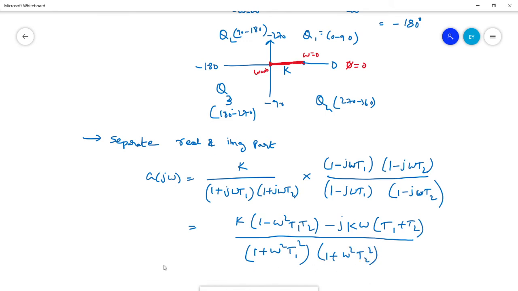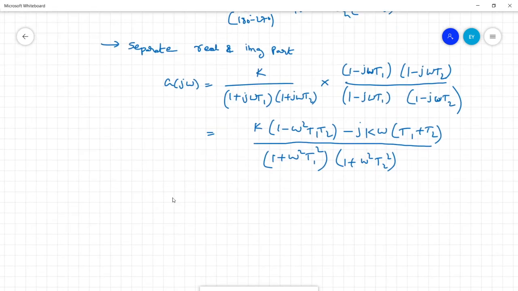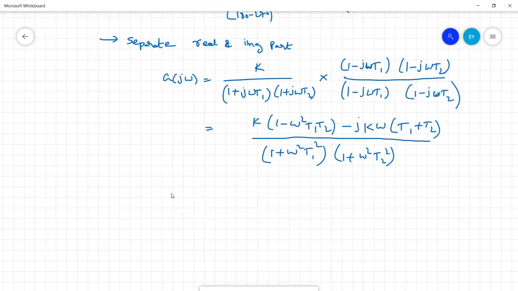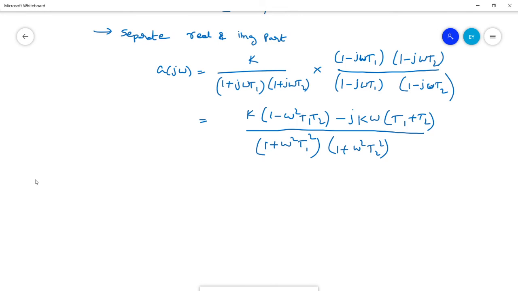This is the way we can separate the real and imaginary parts.